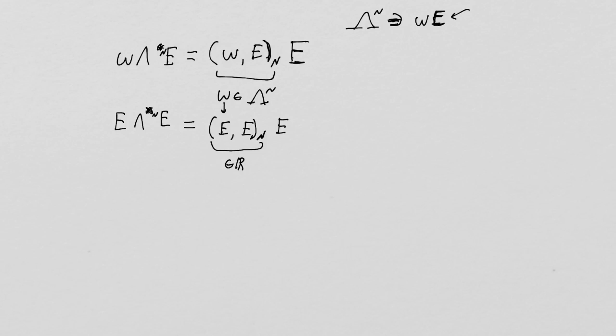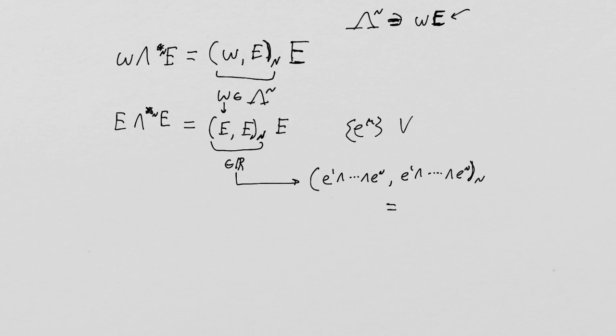Well, let's take the basis vectors to be E1 wedge dot dot dot wedge En, where E mu is the basis of the underlying vector space V. So it's that with itself, E1 wedge dot dot dot wedge En, in the nth exterior power space.